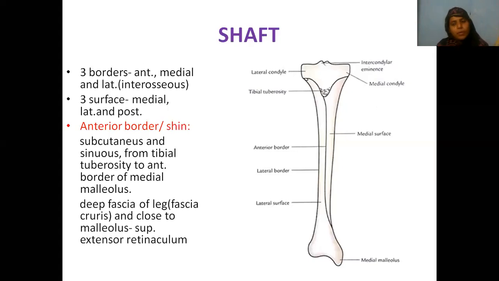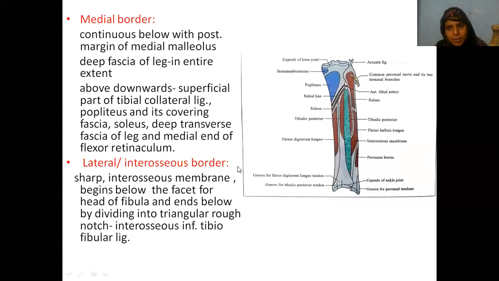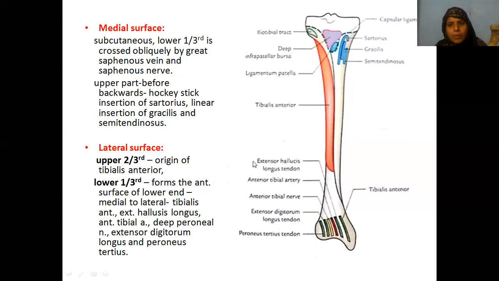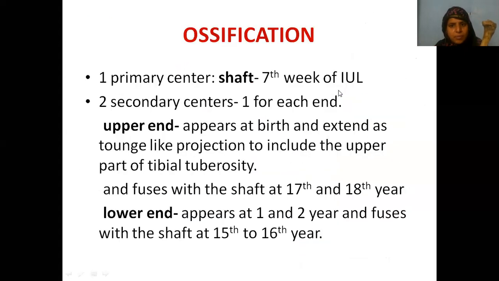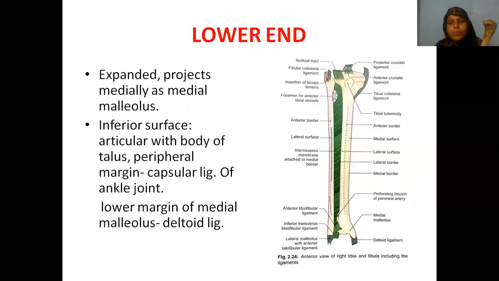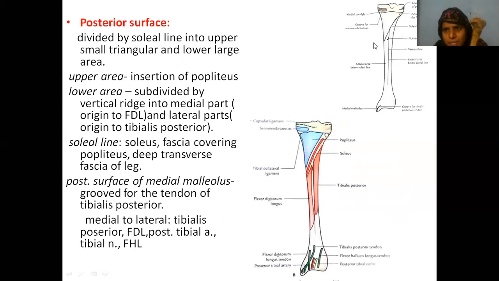Now, when you talk about the posterior surface, there is a line called the soleal line, beta. See here. Check for any other picture. See here, beta. If you observe this, this is the posterior surface. On the posterior surface, there is a sharp line which is called the soleal line.